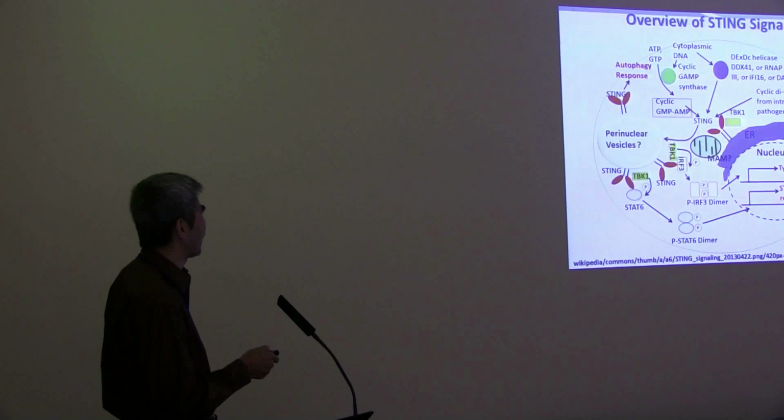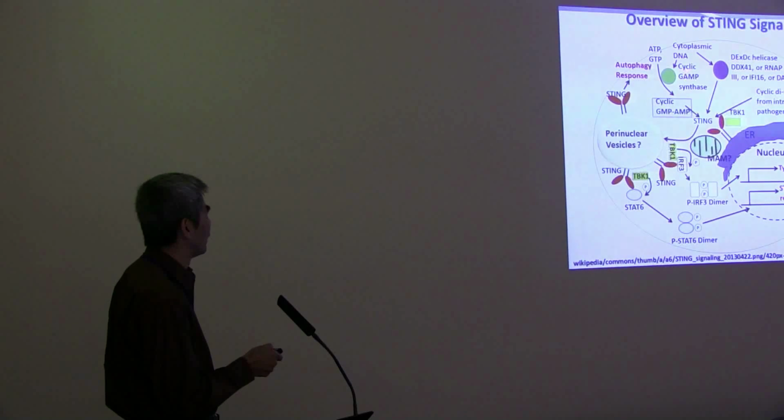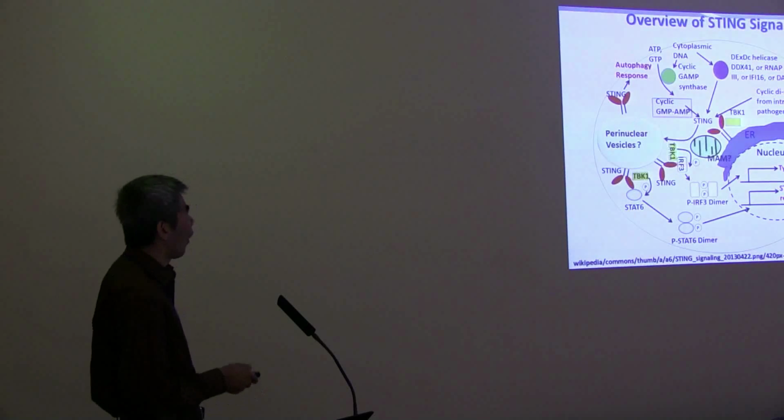The cGAMP is synthesized by cGAS, and cGAS is activated by cytosolic DNA. Upon activation by DNA, cGAS can utilize ATP and GTP to synthesize cGAMP.